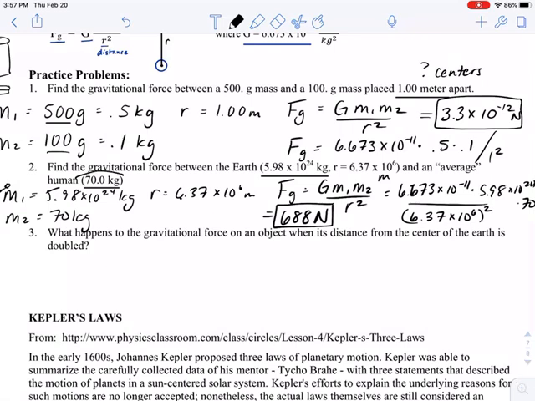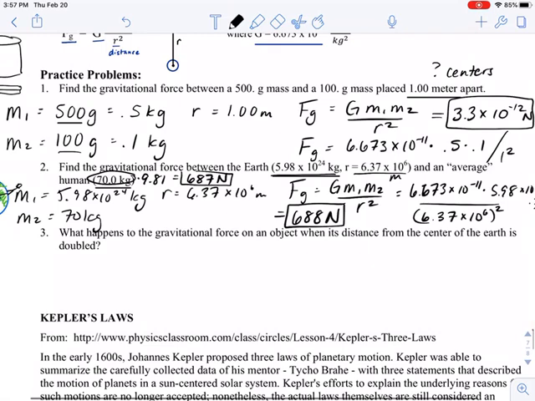Now, check this out. The person has a mass of 70 kilograms. If we take 70 times 9.81, we get 687 newtons. So the answer that we get by using the actual mass of the Earth and the actual radius of the Earth is the same as if we use 9.81.